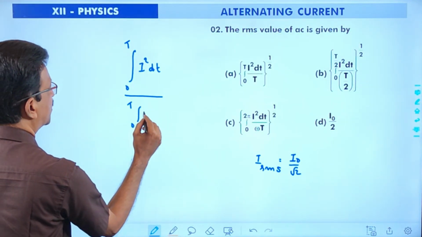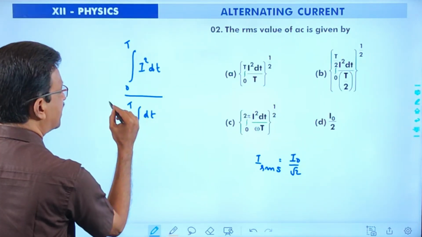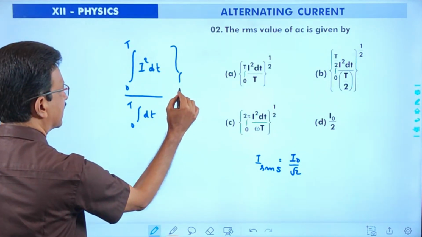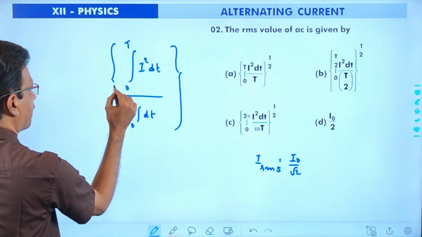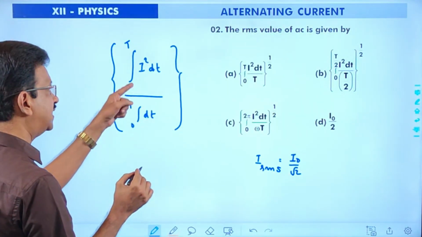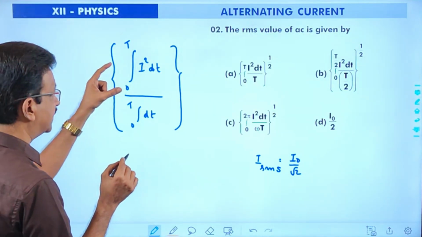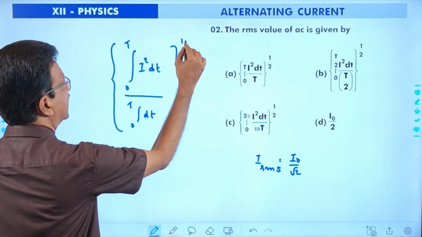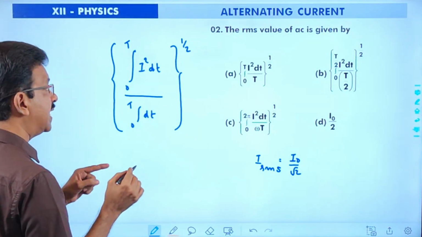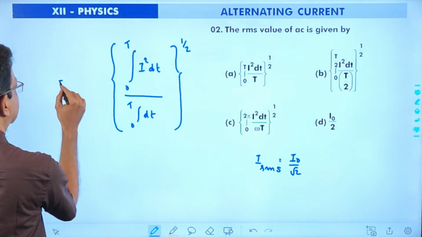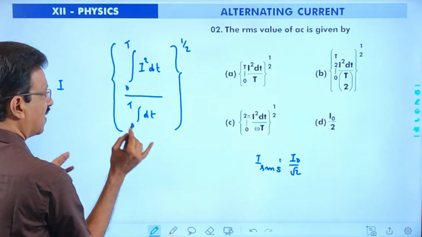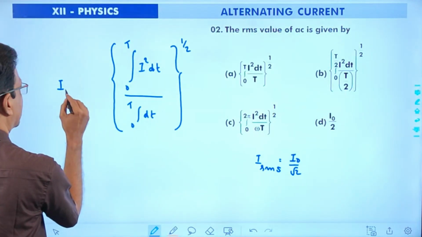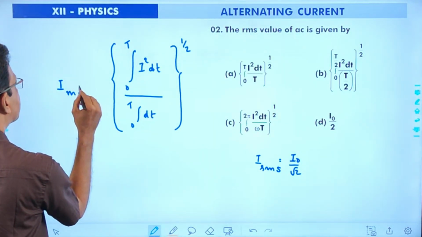Then integral 0 to T dt divided by the total time. Now we have obtained the mean value of the square, then raised to half, root mean square value. This is the method to find the value of RMS value, IRMS.